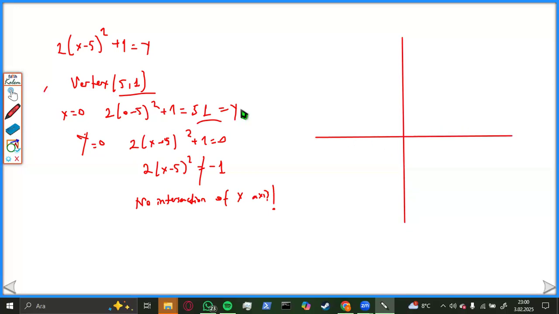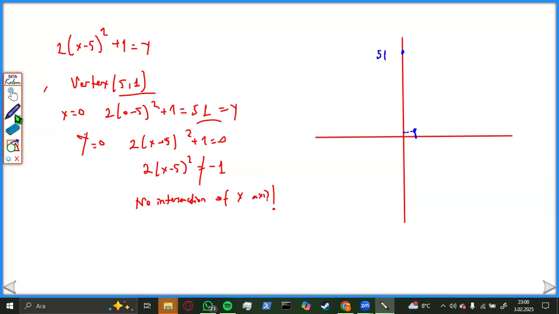So no x-intercept. Let's point them. Okay, the y-intercept is 51, and the vertex is (5, 1). Okay, and this is the vertex.